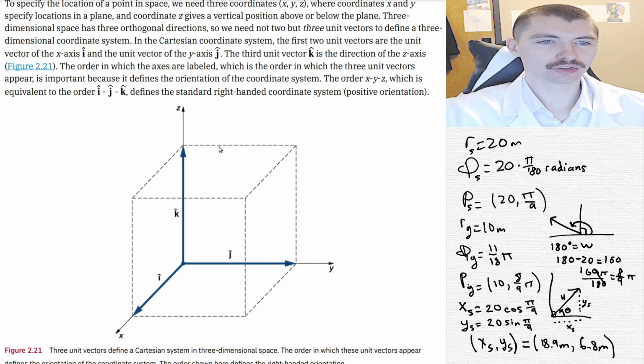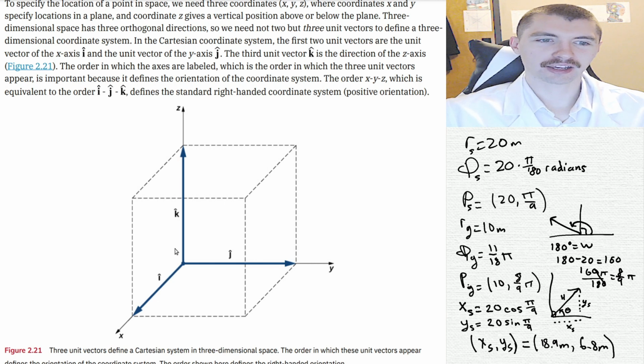So this is introducing k hat for the z-axis. You might be wondering why it is not x hat instead of i hat. It's because the x line, the one-dimensional line, extends for however long a set you're dealing with.